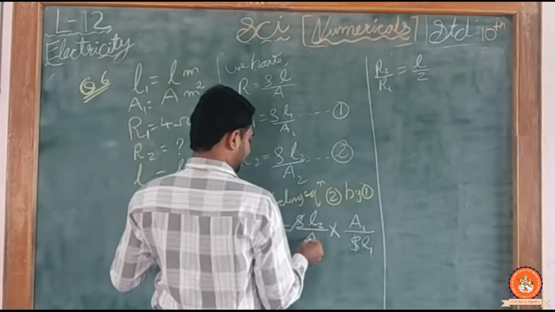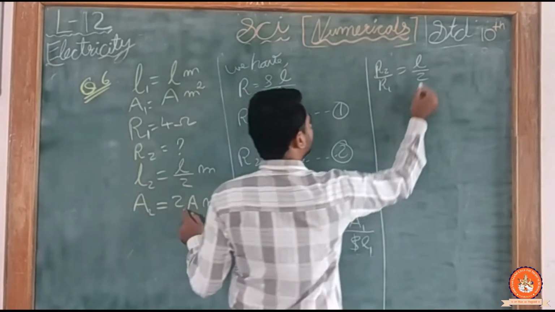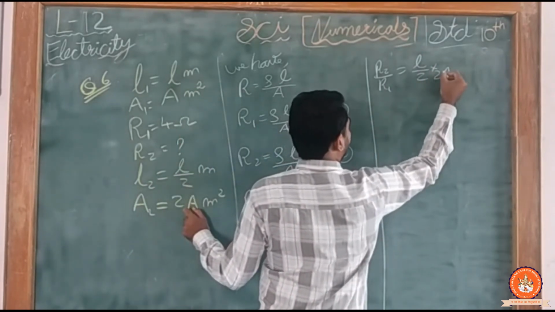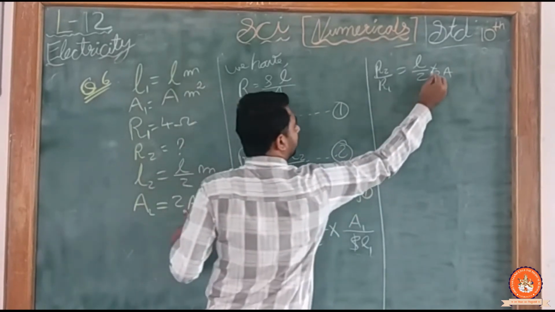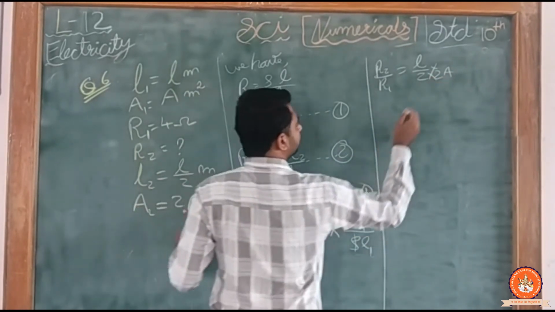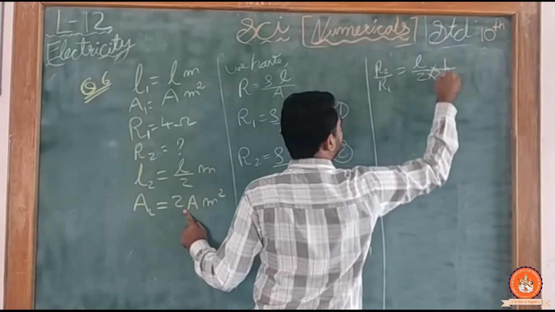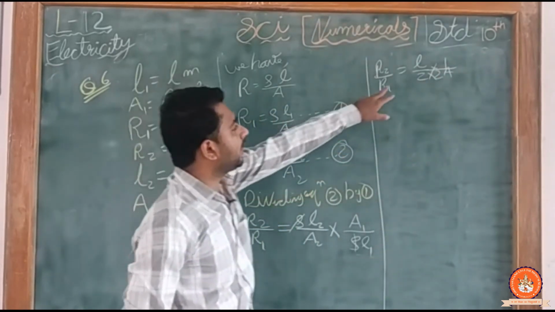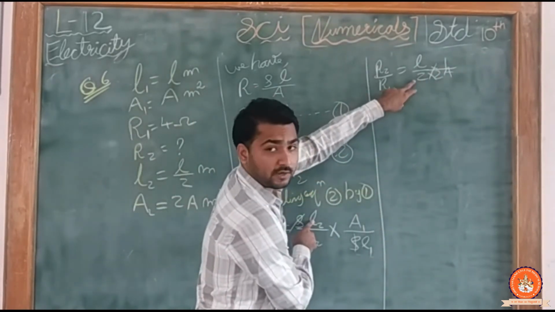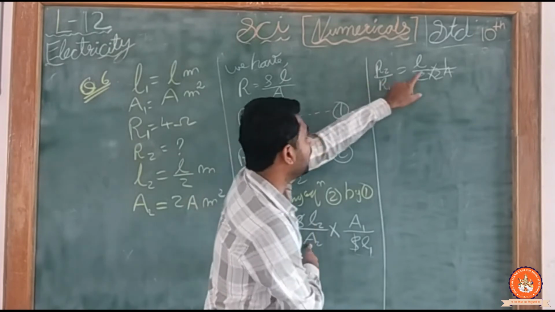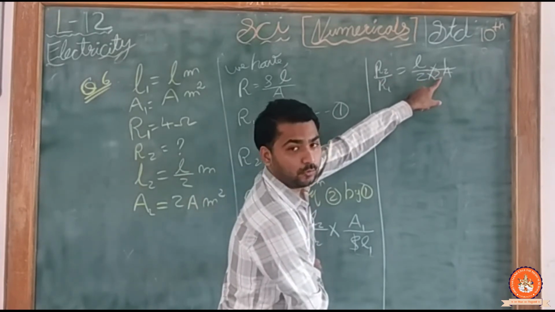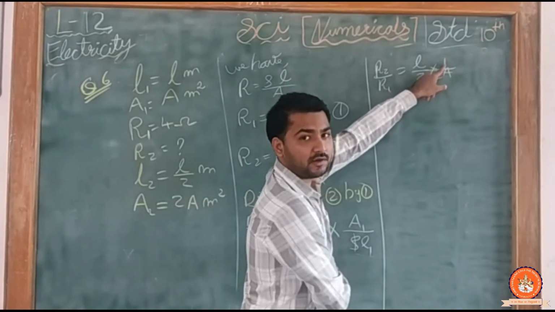Okay, the value of A2 is 2A. ठीक है. मैंने यहाँ पे L2 की वैल्यू डाल दी L by 2. ठीक है. एंड A2 की वैल्यू मैंने यहाँ पे रख दी 2A. उसके ऊपर कुछ नहीं है तो मैंने 1 रख दिया.